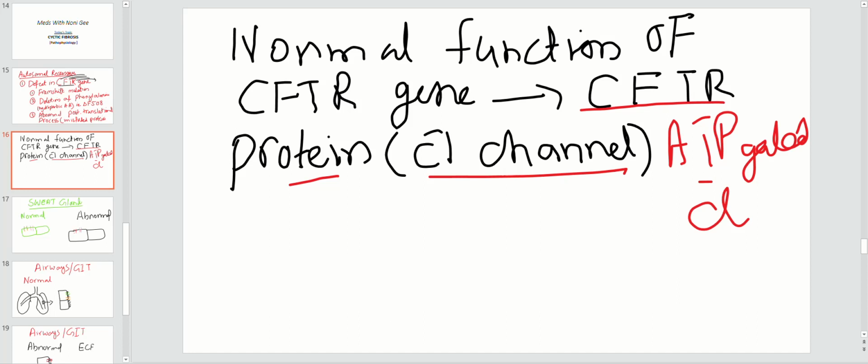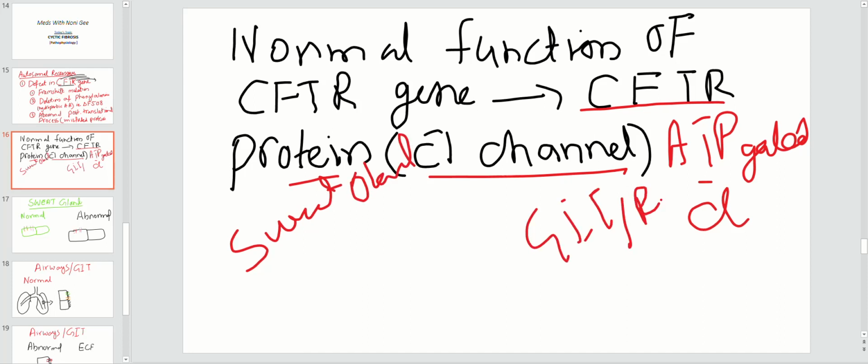Now this channel does different jobs in the sweat gland, in the GIT, respiration, and elsewhere, like your pancreas. So in the sweat gland, what do these channels do?